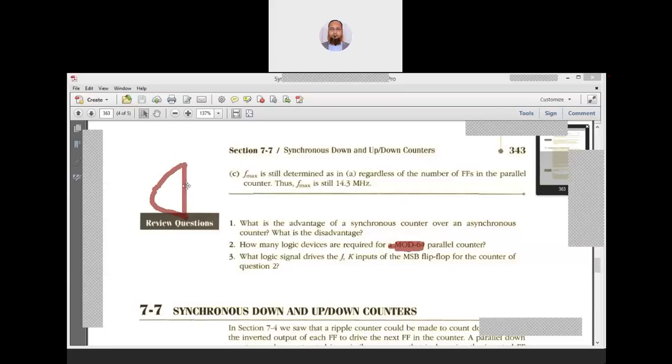What should be the input here? Which flip flop is this? This is 5. Yeah, one answer I think.